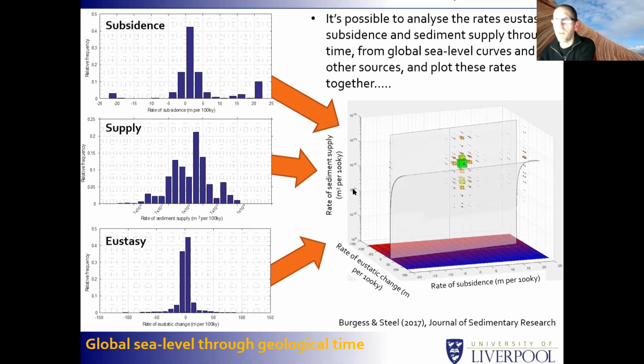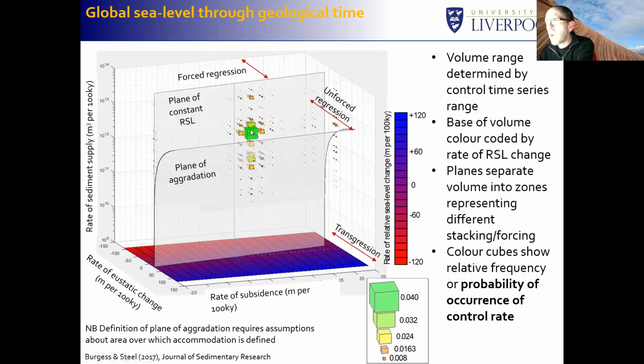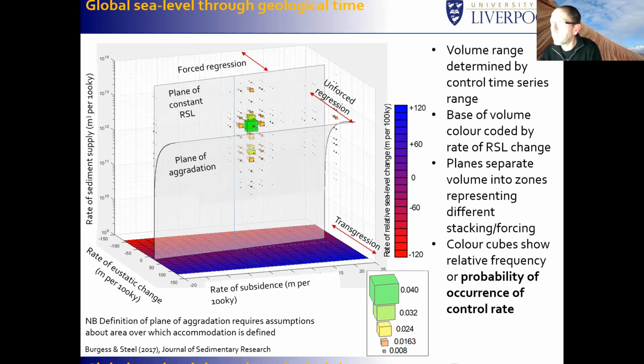I won't explain what this is, but basically that big green square there, that's where you would most likely find the most likely rates of change of the processes that drive sea level change from our analysis of various data. Okay, so this is all about probabilities, but I think it's a more robust approach than simply drawing squiggles on a piece of paper and saying that's sea level.